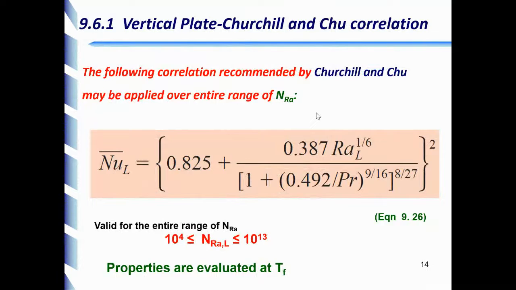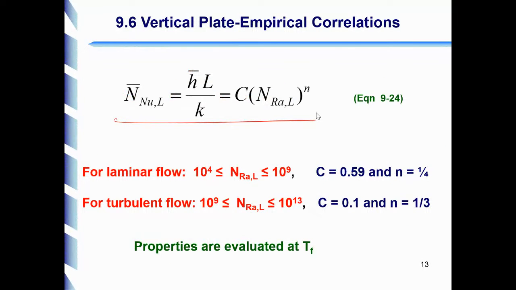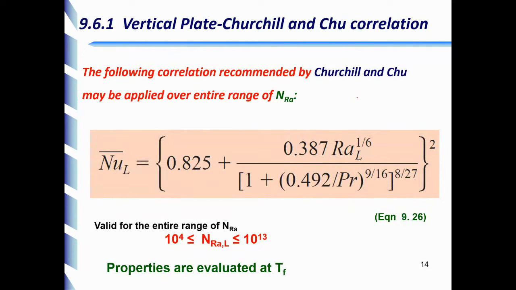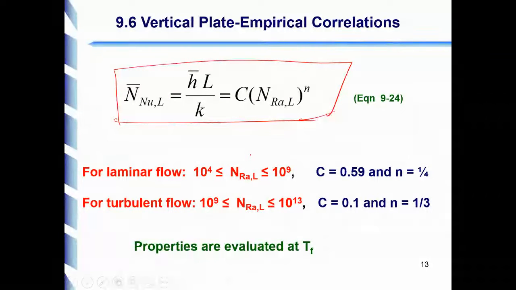So we have three equations. Churchill and Chu equation has a big range, 10 power 4 to 10 power 13. So you can apply this one or this one, both. Anyone is fine.